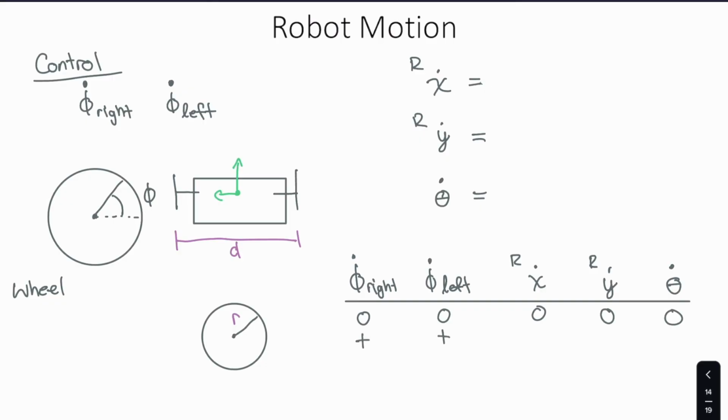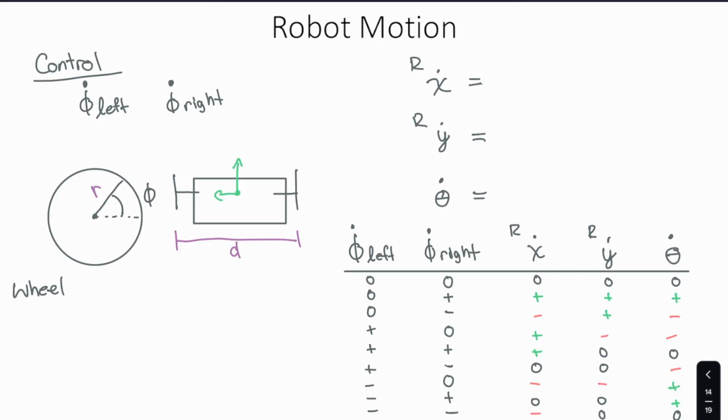If both are positive, and let's say they're positive and equal, we'll have a positive translation in x. Nothing will happen in y. So in this scenario, both motors are moving forward, so we're not moving in the y direction at all. And theta is also likewise 0, where there's no rotation. If both are negative, then we'll have a negative direction for x_R, so we'll be moving backwards. And again, nothing will happen in y or theta.